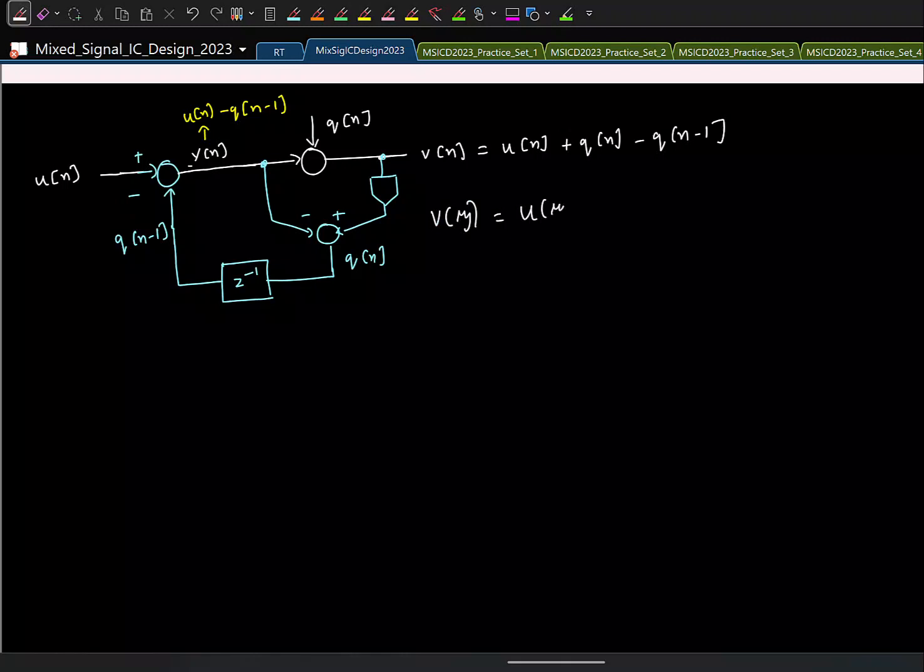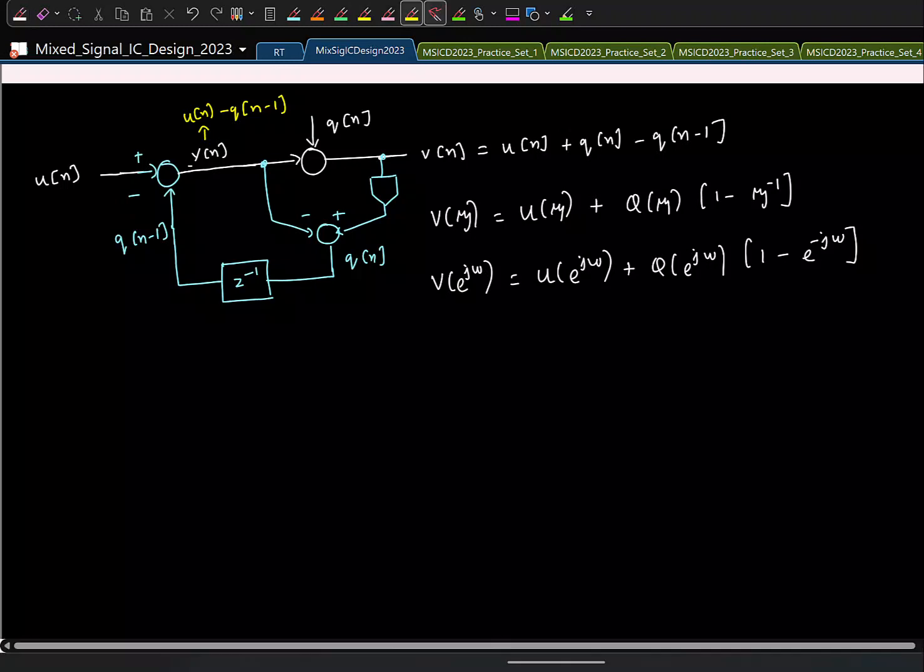So this is U of Z plus Q of Z into 1 minus Z inverse. Let me also write it in the Fourier transform: this is U of e power j omega plus Q of e power j omega into 1 minus e power minus j omega.